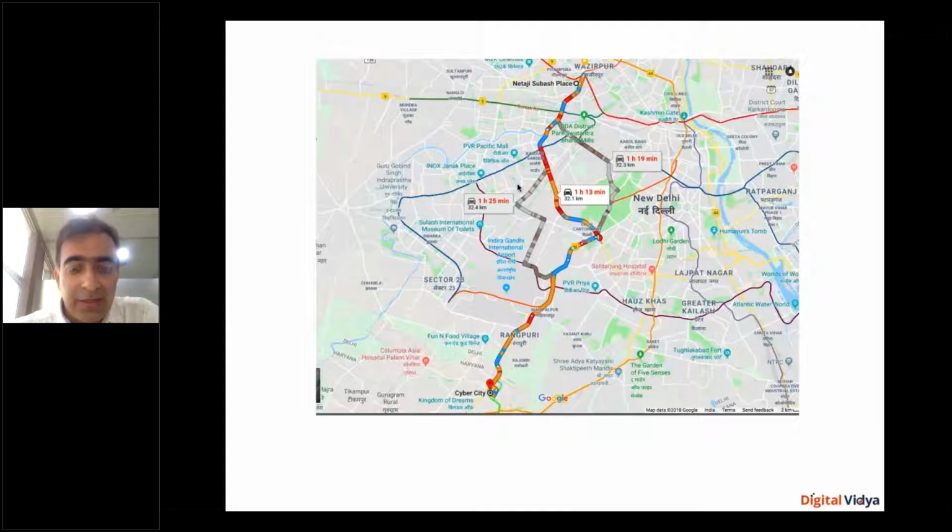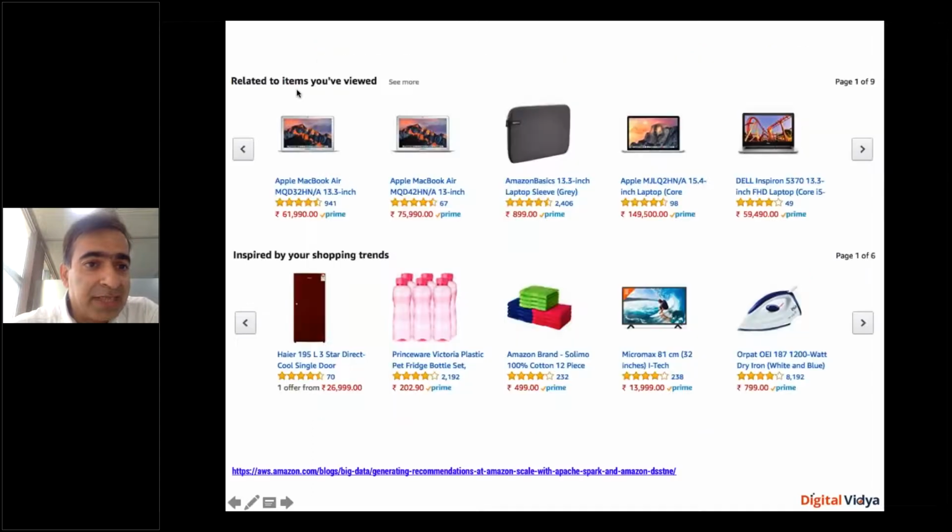Right? If you go to any e-commerce site and you see things like items related to what you have viewed, or a list of things inspired by your shopping list, all these recommendations are there because a recommendation engine is working at the back, and that recommendation engine is nothing but the work of some data scientist.